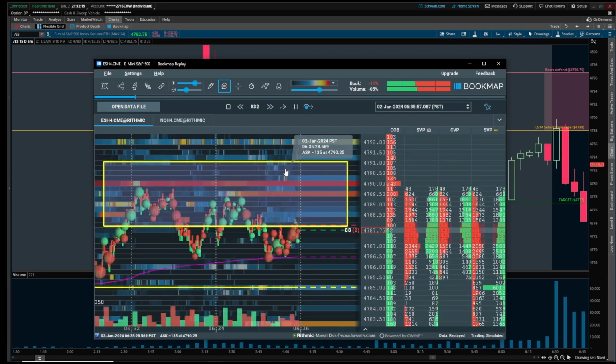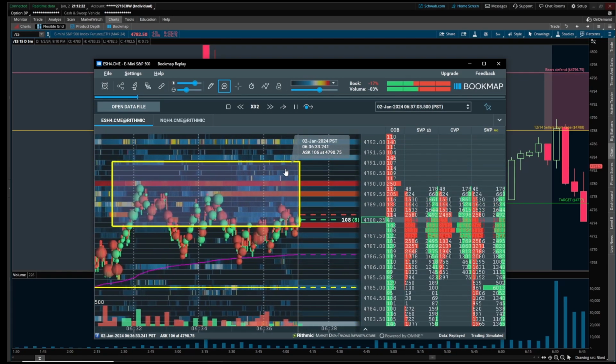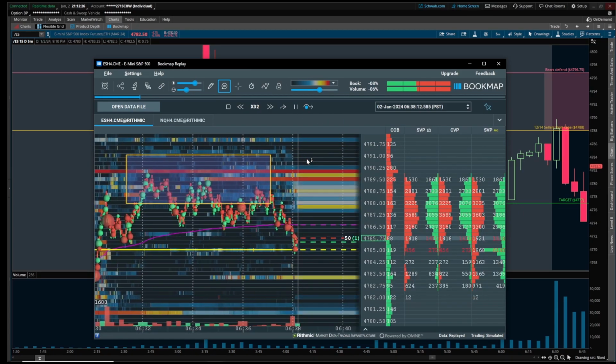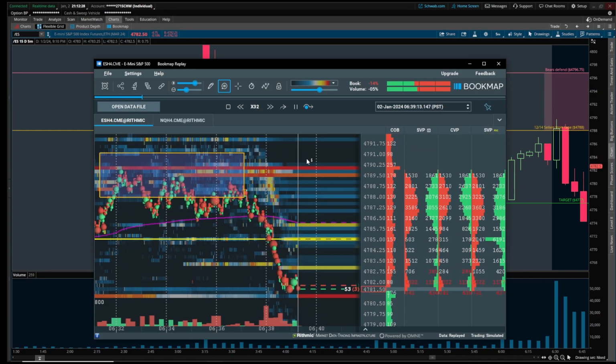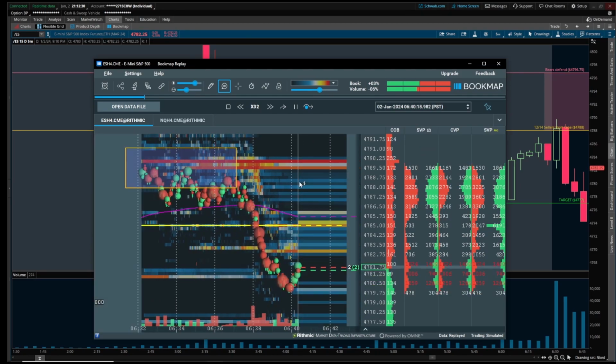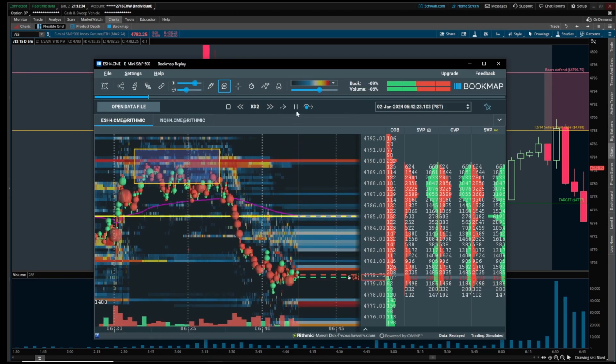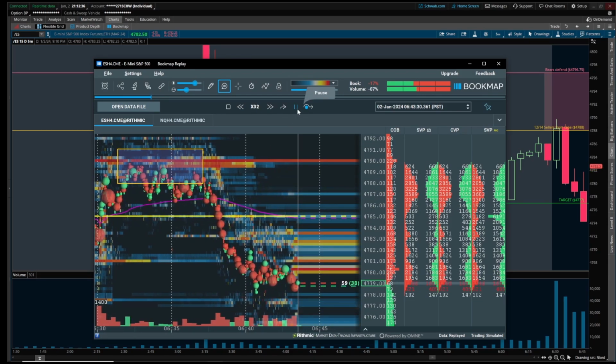And this just goes to show the power of the tape and having levels of interest and using the tape to react based off that information and go with the flow of the market.